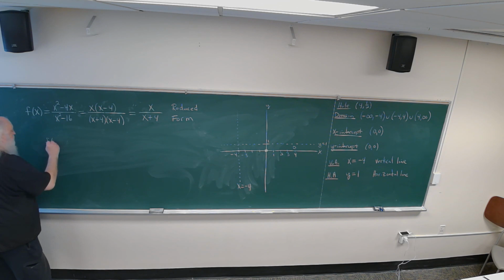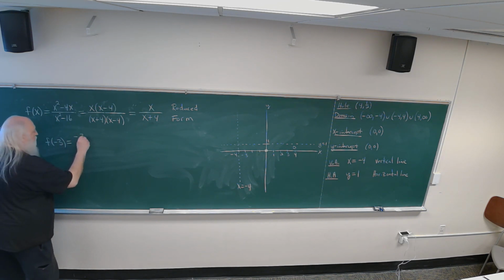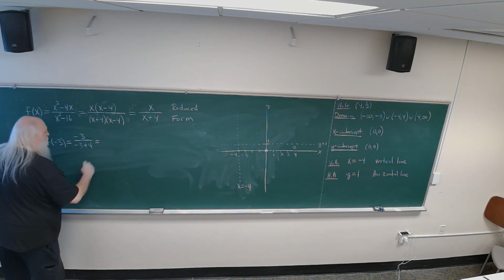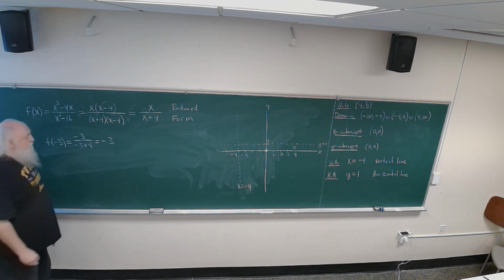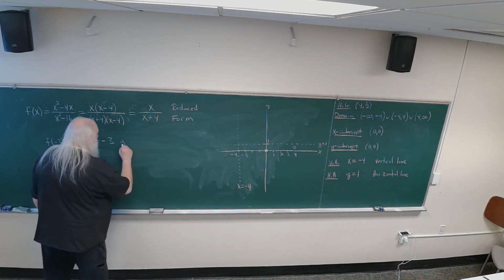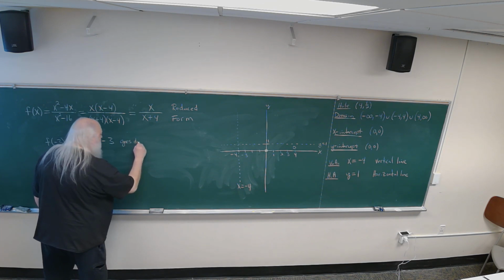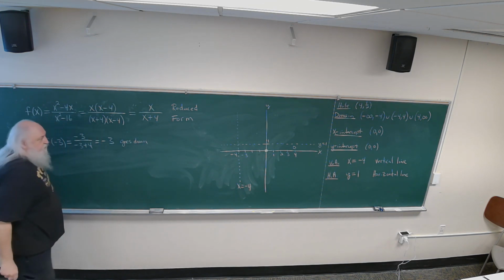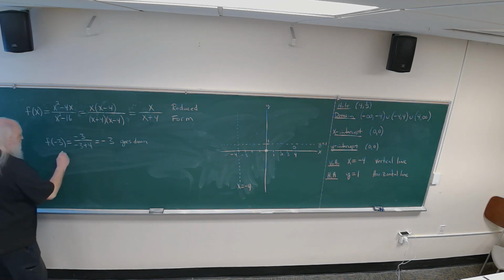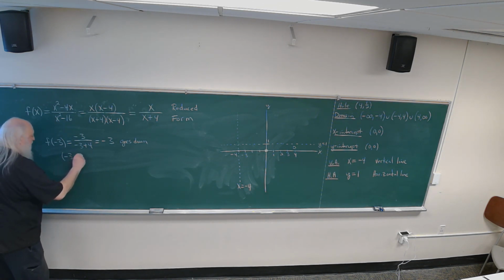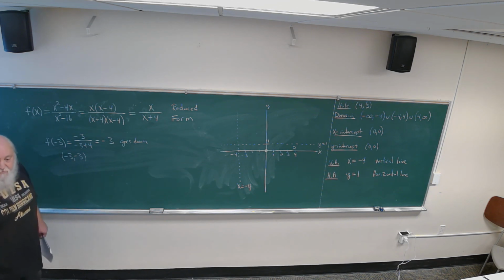So f of -3 is equal to -3 over -3 plus 4, which is equal to -3, negative. So that means the graph goes down on the right side of the vertical asymptote. And it also means that the graph passes through the point -3, -3.